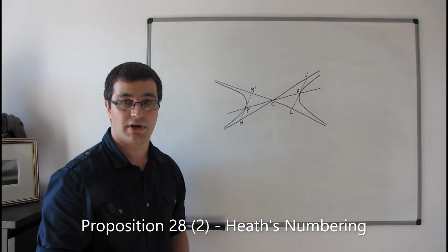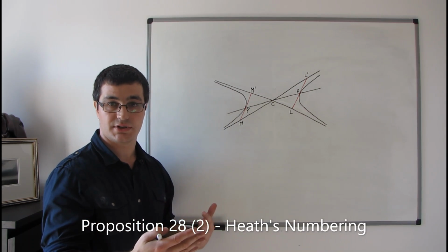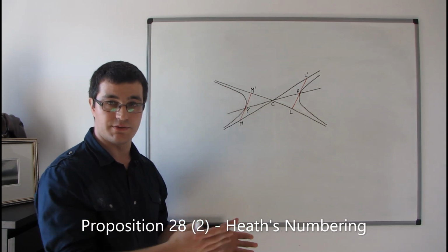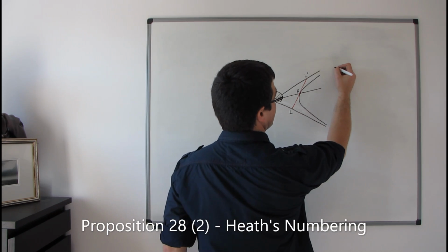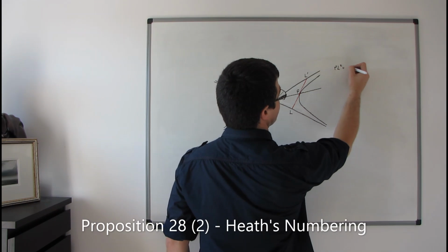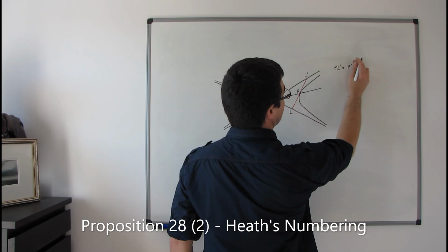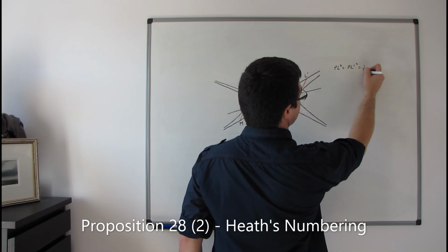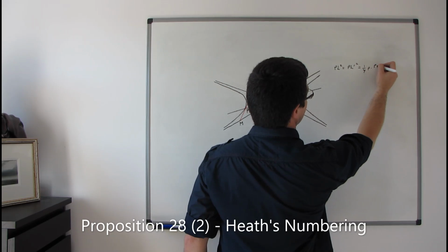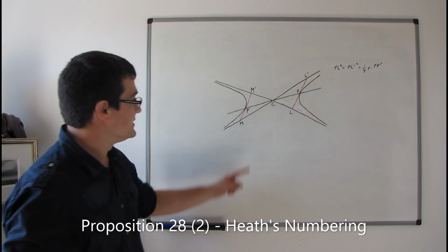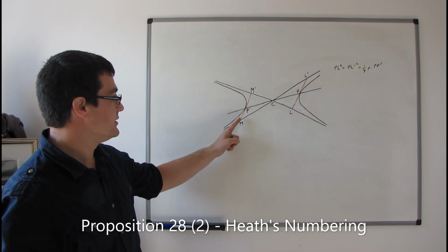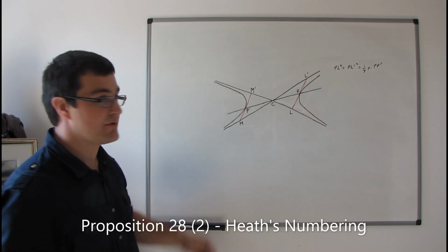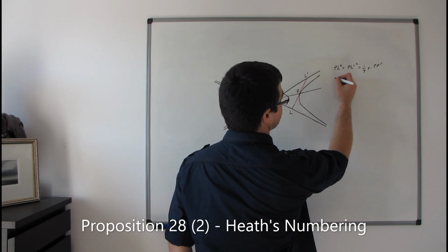So L and L primed are chosen in exactly the same way as we did in the first part, namely that PL squared is equal to PL primed squared, which is a quarter P times P primed. And on the tangent over here as well, we choose M and M primed in exactly the same way.